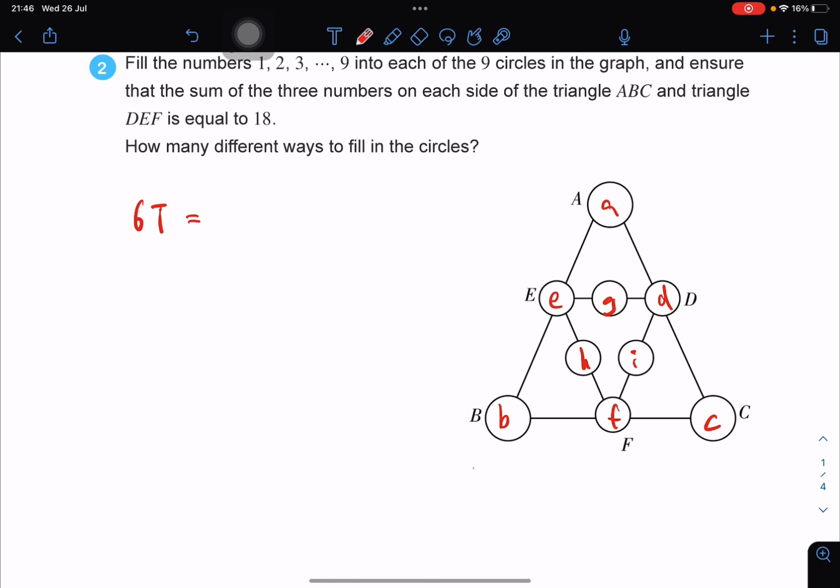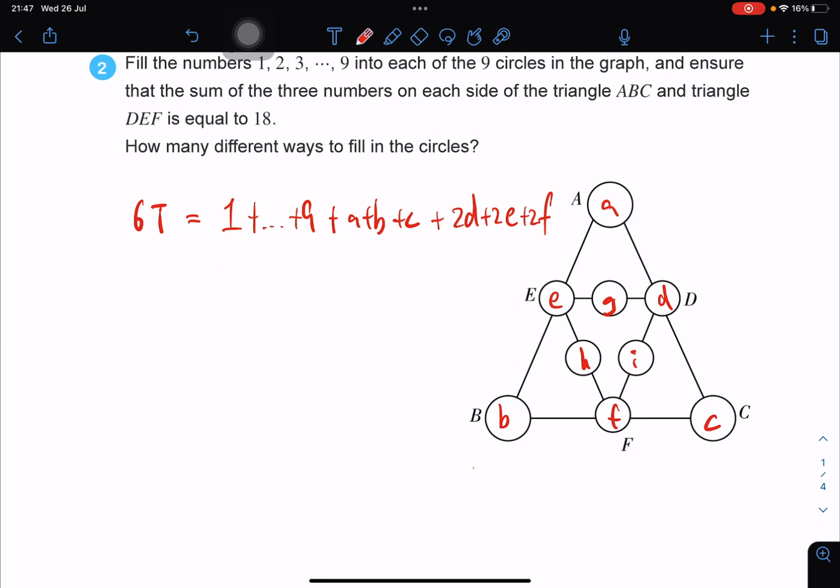So it means that it's equal to 1 adding all the way to 9, adding A, adding B, adding C, adding 2 times D, adding 2 times E, adding 2 times F. But then that's going to be a bit troublesome for us to calculate this way, because I don't have identical coefficients that I can analyze on.